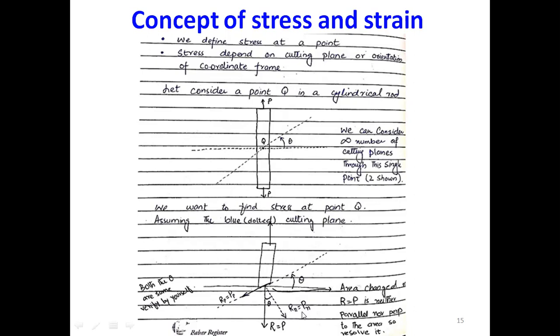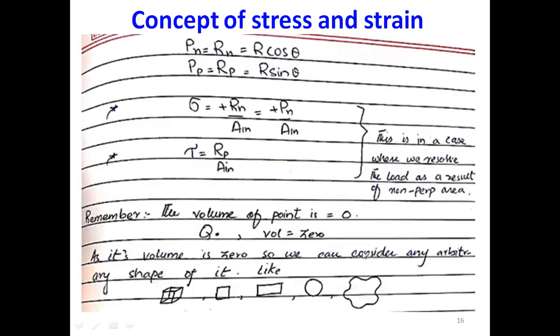So this stress would be normal stress, and the stress produced by the component along the area, this component of force, would produce the shear stress. So as we change the cutting plane, previously we had only one component for the stress, which was sigma is equal to P by A. But now we have two components of the stresses. Only we have changed the orientation of the cutting plane.